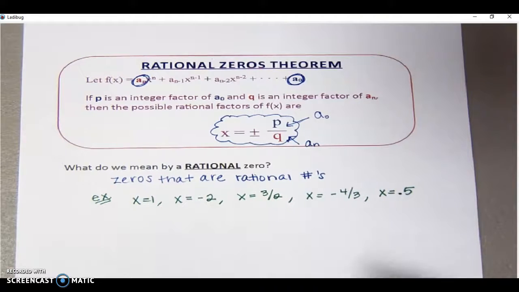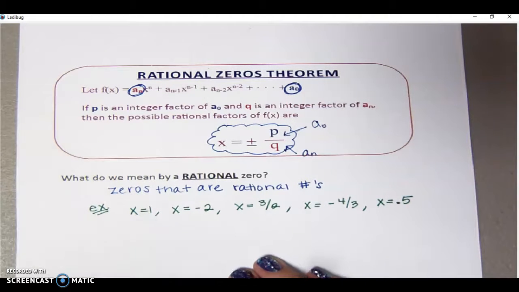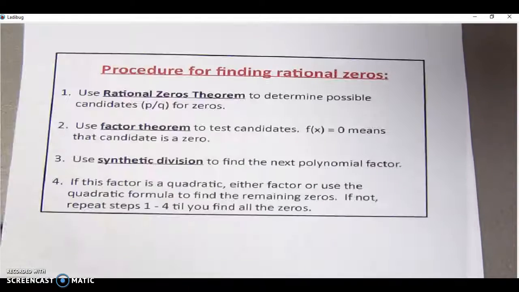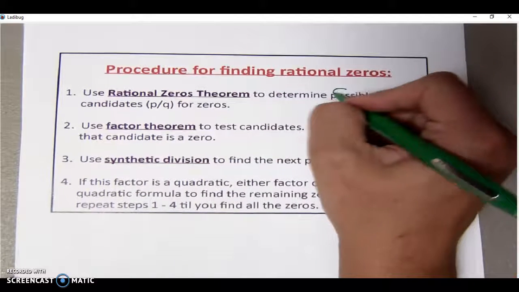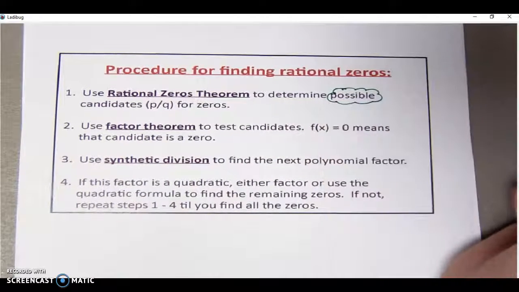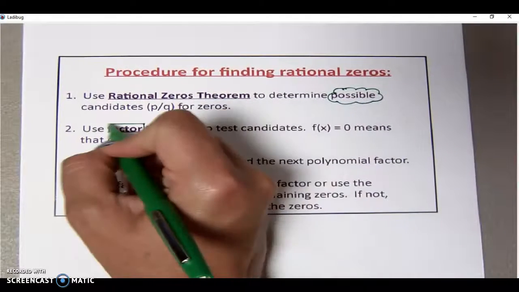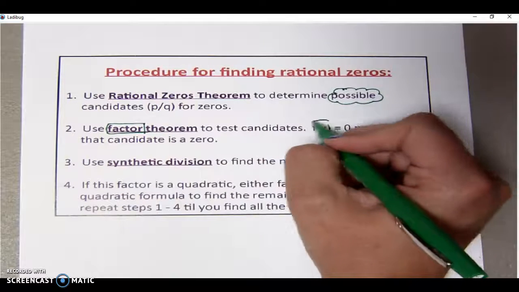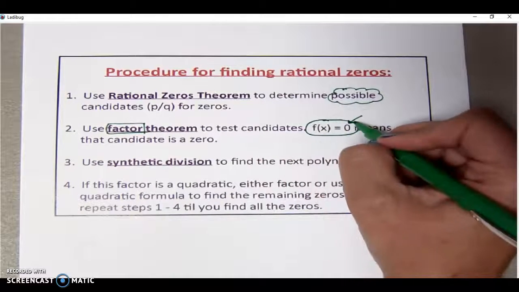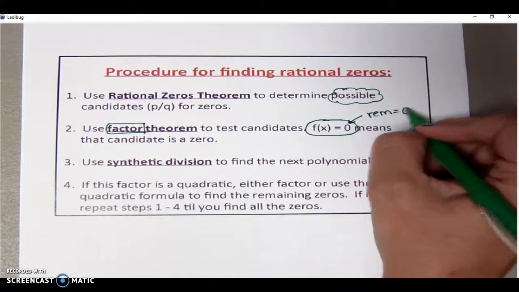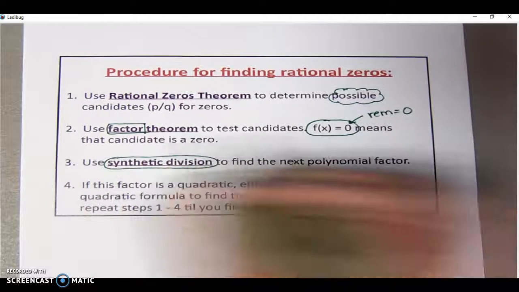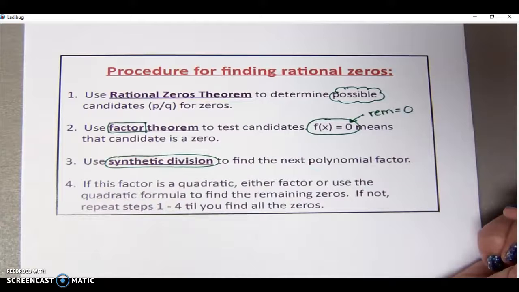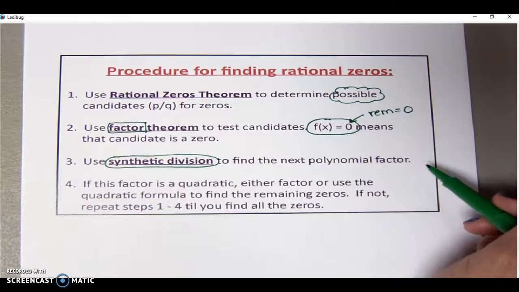Alright, so our procedure for finding our rational zeros: to solve this problem, we're going to use this rational zeros theorem that we just talked about to find our possible candidates for our zeros. Then we're going to use the factor theorem that we talked about earlier, which is where you see if that remainder is 0. And then after that, we're going to use synthetic division to figure out the next factor.